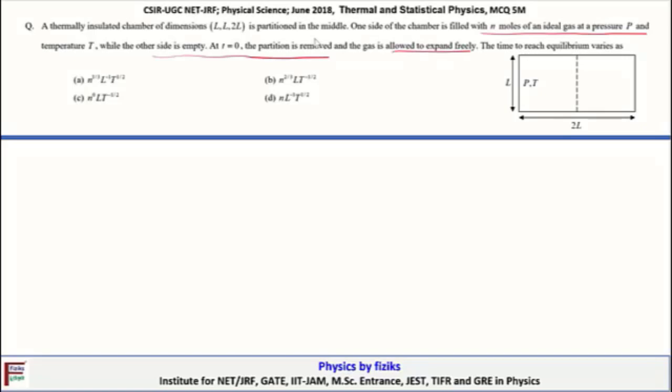Okay, so the time to reach the equilibrium can be correlated with the distance which the gas molecule will travel divided by the average speed, basically.